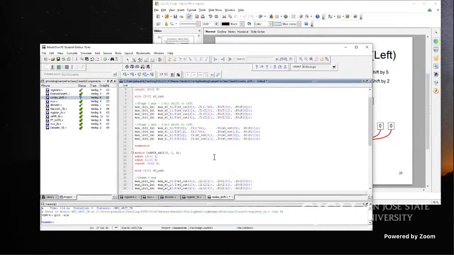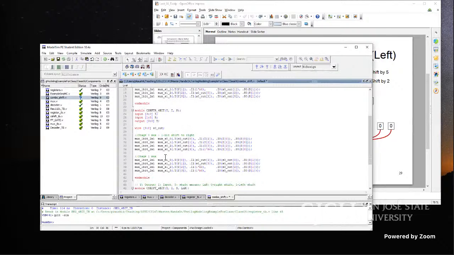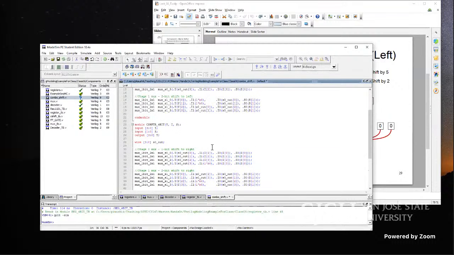And in a similar way, we do the right bit shifter definition. If it is on, then 1-bit shift to the right, and the next stage would be a 2-bit shift to the right.